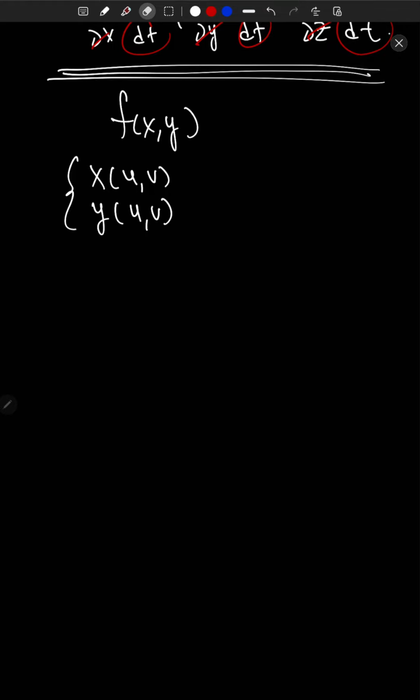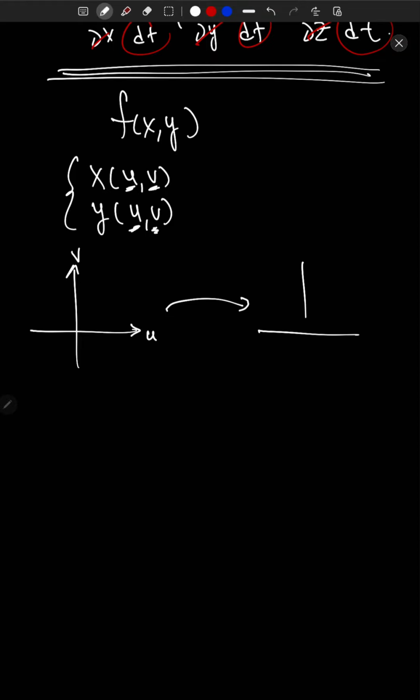So here, I think the best way to think of this is, again, in terms of composition. So ultimately, u and v are our variables. I'm going to start just like with t. Ultimately, t was our variable in our examples above. So we start with the uv coordinate. The right way to think of this is this goes to the xy coordinate, and then we're applying our f.